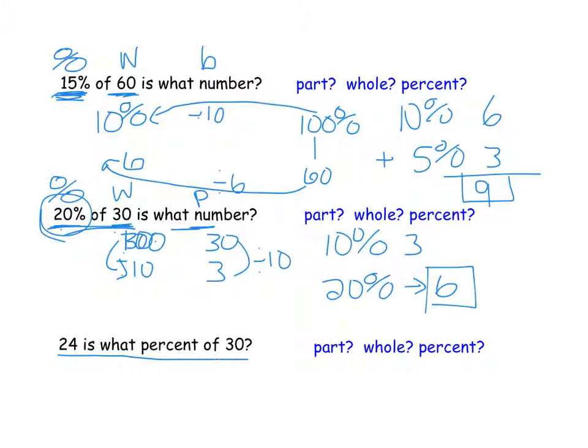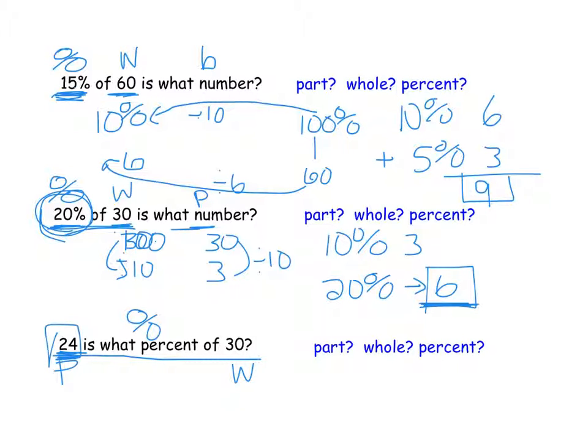So 24 is what percent of 30? So now this is different. Now we're looking for a percent. So this is the part and this is the whole. I will show you an easier way to do this once you can use a calculator. But for right now, think of it this way. We just figured out that 6 is 20% of 30.